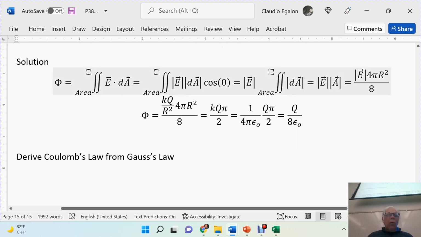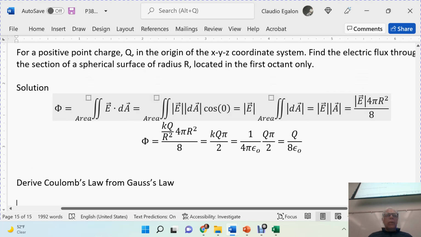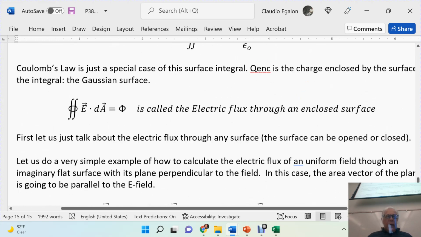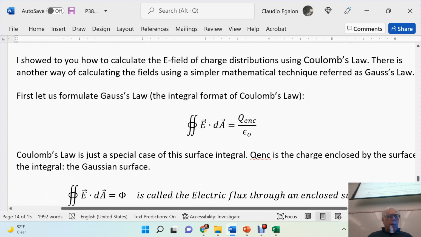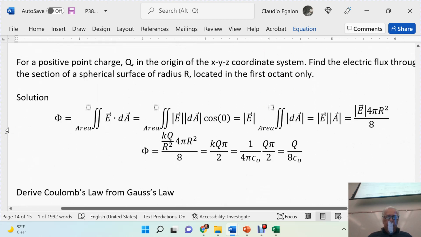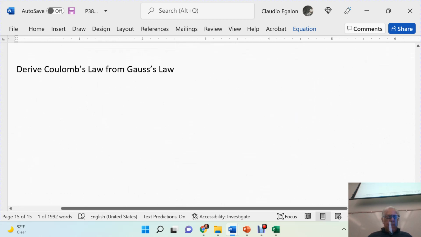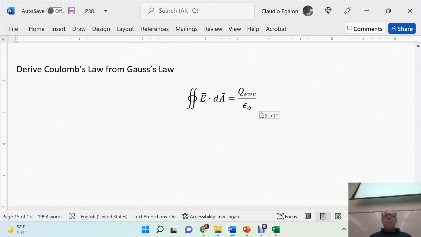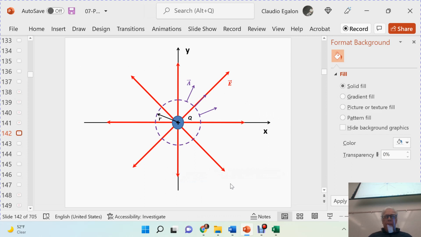Your starting point now will be Gauss's law. We're going to start talking about closed surfaces, okay? Here you go. Here's the closed surface. That's Gauss's law. You have to draw that spherical surface around the charge, and you say that the spherical surface has a radius r, lowercase r.